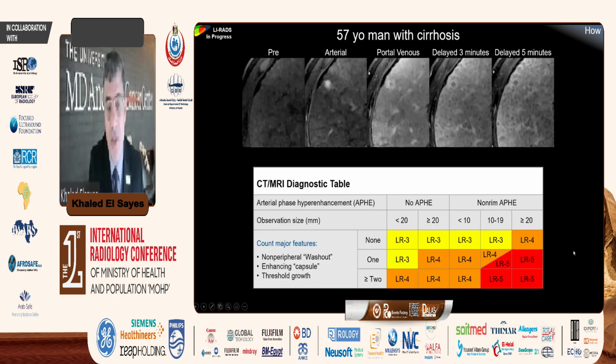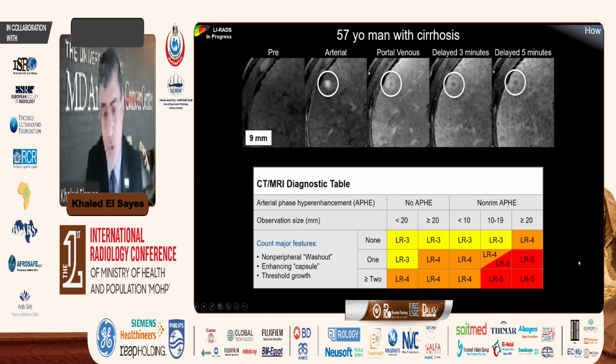What about this one? This is a mass that measures 9 millimeters, so this is less than 10 millimeters. I know that we're Egyptian, we can stretch it to make it 1 centimeter in order to categorize it as LR-5 if we think it's LR-5. But let's follow the book here.